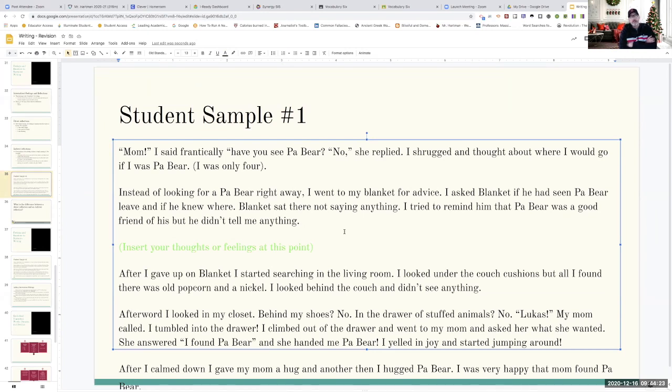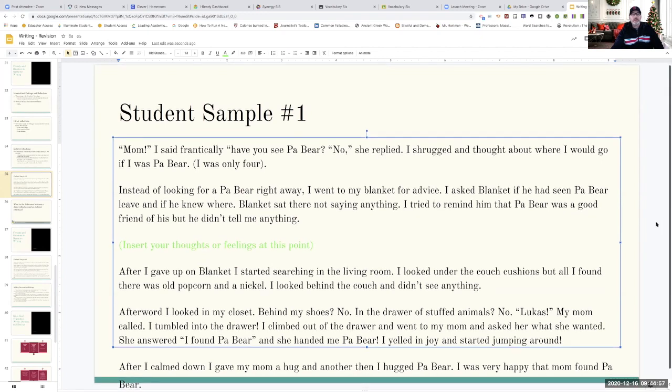There is no sentence count, so don't ask. But how would you feel if you were the narrator and suddenly your most prized possession, Pa Bear, is missing, you have a friend who's not responding, and then the thought occurs to you that, hey, I may never see Pa Bear again. So step one is to make sure that you are inserting your thoughts or feelings about that matter at that point.